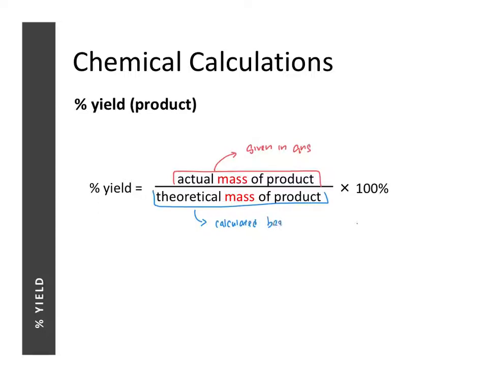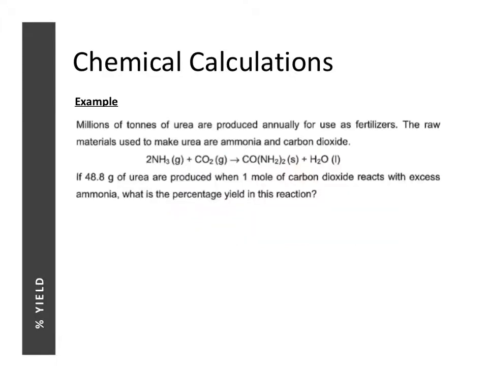Based on the amount of reactants. Now with that in mind, let us look at a particular question involving percentage yield. I'm going to give you about 10 seconds to read the question.